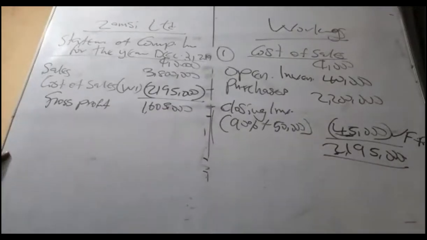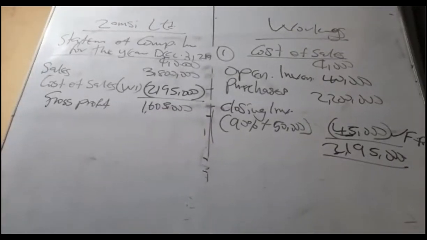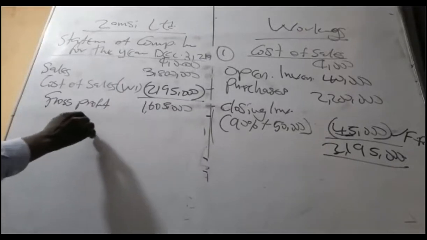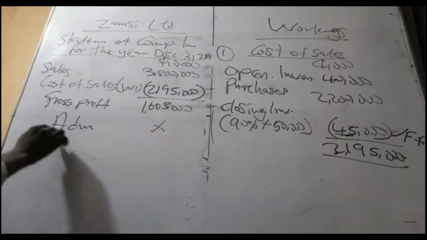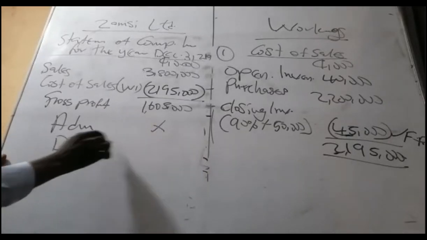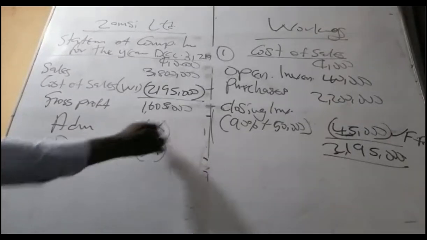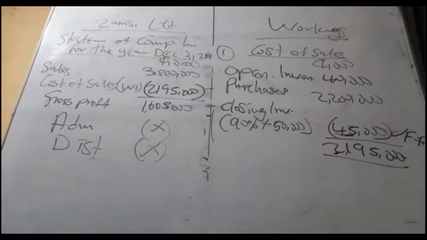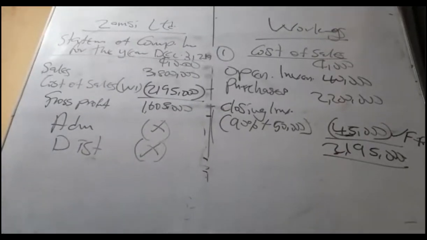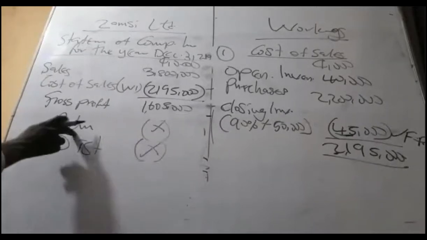Now the next line we're supposed to go to is admin so much, distribution so much, then we subtract. But this is a very dangerous position. It means that all the expenses given to you, cast them into admin and distribution.